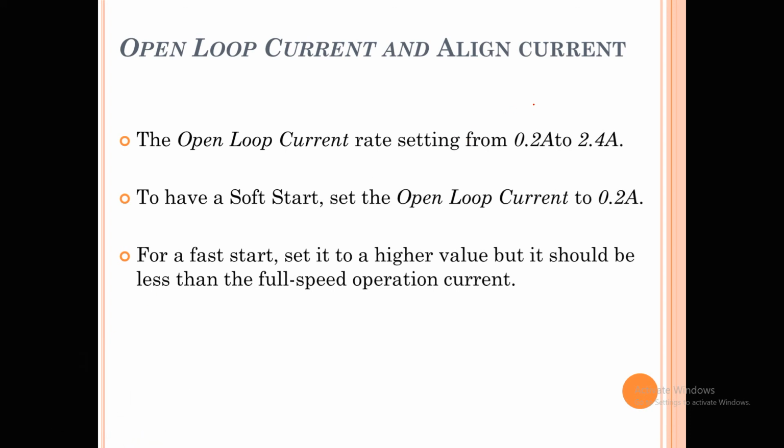If you select the lesser value, you're going to get a smooth soft start. And if you want a fast start, you need to select the higher value. Usually manufacturers have this value from 0.2 amps to 2.4 amps. These are the usual values referred to.